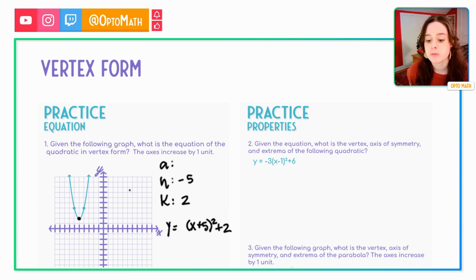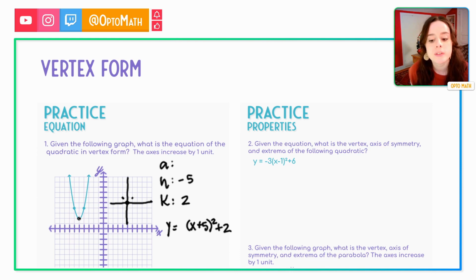Here's what I would do. So I'm just going to use this grid. Let's say these are my x and y axes. My parent function starts at 0, 0. And if I square 1, I go to 1. And I square -1 and I go to 1. So here's the pattern. From your vertex of 0, 0, you go right 1, up 1.